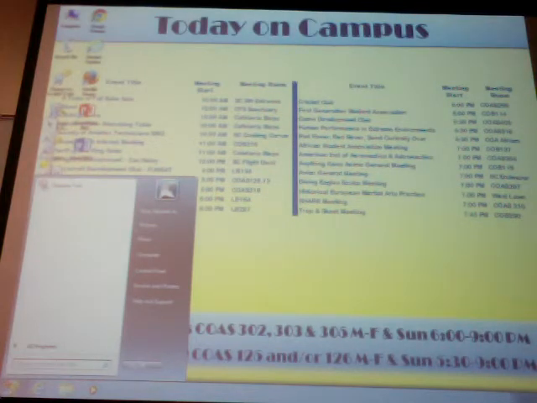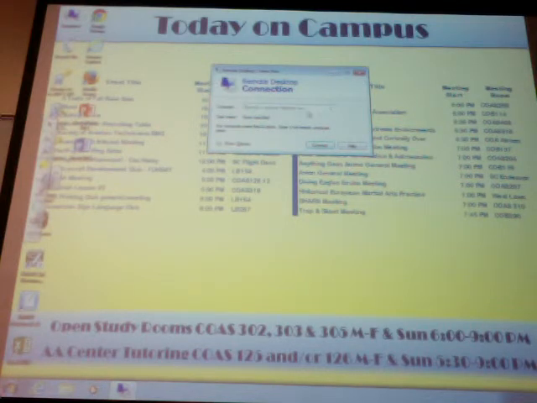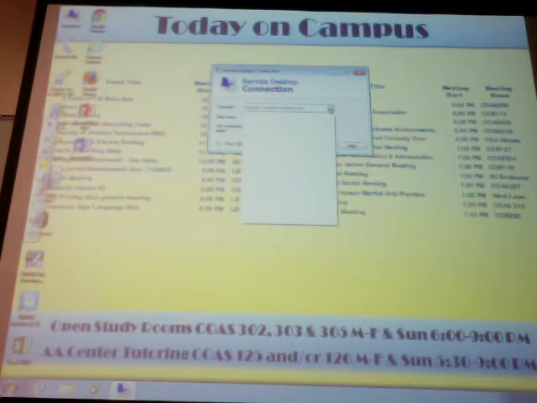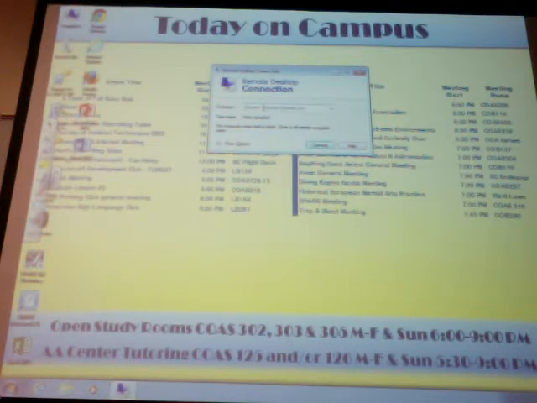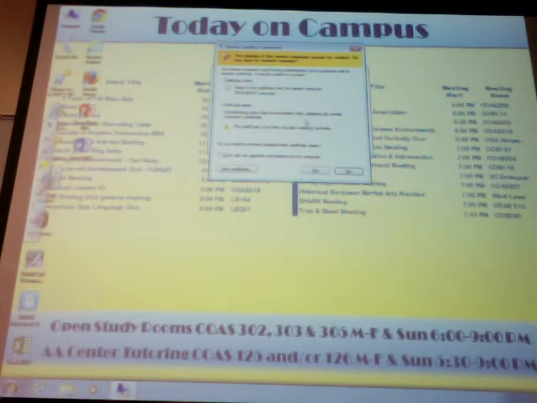So remote. Disappears. All right. It'll be much easier if we have MathCAD on every computer. But. Okay.